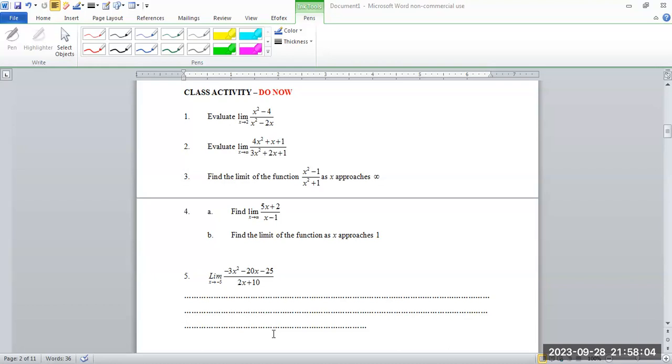It is x to the first power. I remember the rule: x to the first power is in the numerator, and it is in the denominator as the highest power. So once we have the numerator and denominator with the highest power, we look at the coefficient of the numerator and divide it by the coefficient of the denominator. So that is going to be 5 over 1, which is equal to 5.